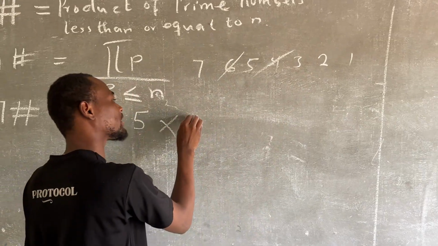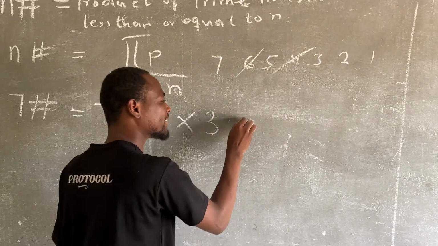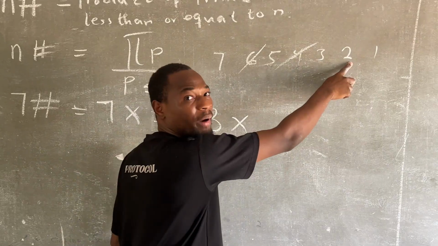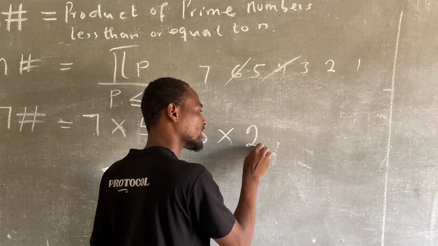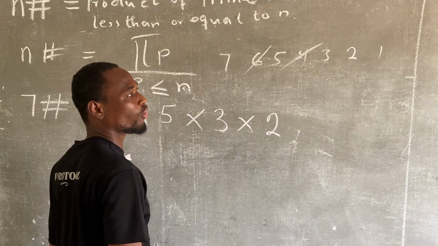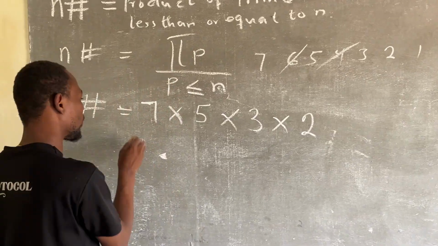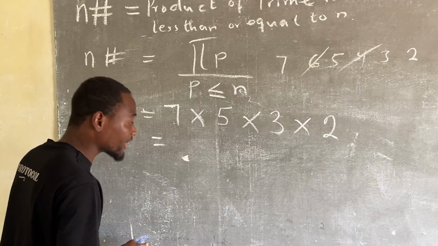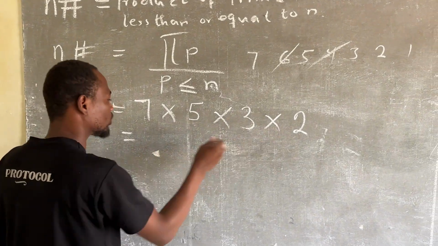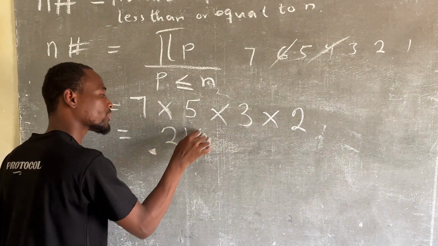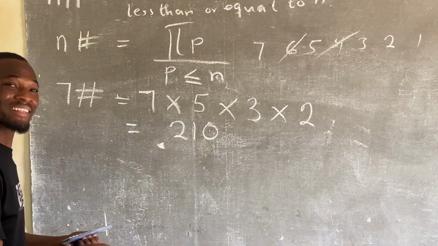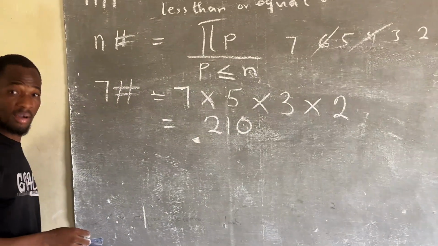Yes, so I'll multiply by 3. Then, is 2 a prime number? Yes, so times 2. As simple as that. When you multiply 7 by 5 by 3 by 2, you get 210. As simple as that.